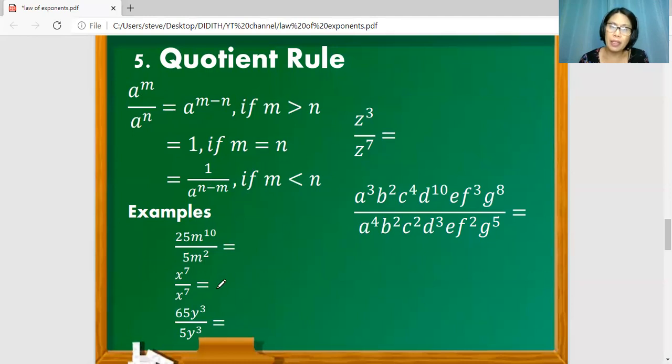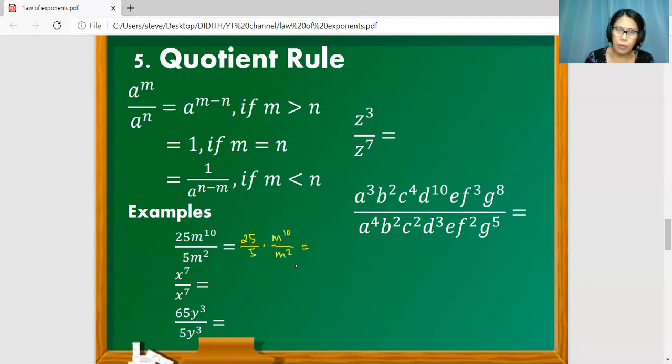So let's apply these examples. Let's work on these examples applying the quotient rule. Now, for the first example here, since I told you that the horizontal bar denotes division, this is like dividing 25 by 5, and then we have m to the 10th all over m squared.